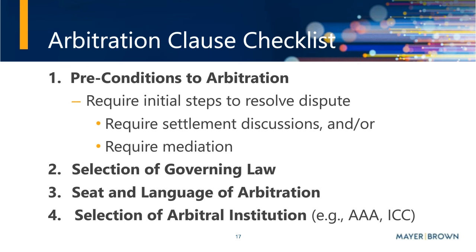The seat or location of the arbitration is where the hearing, the actual evidentiary hearing, will take place. And the selection of the arbitral institution that will administer the arbitration establishes the procedural rules. There are a wide range of very highly regarded institutions. We cited two here, the American Arbitration Association and the International Chamber of Commerce.